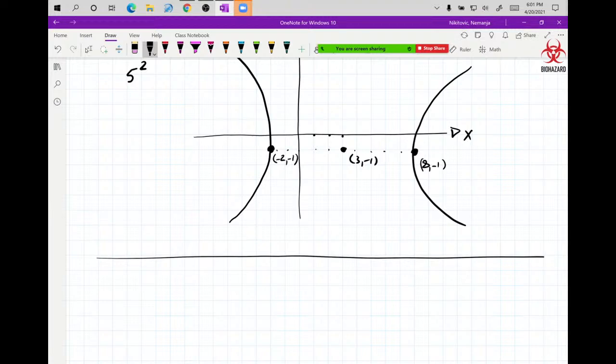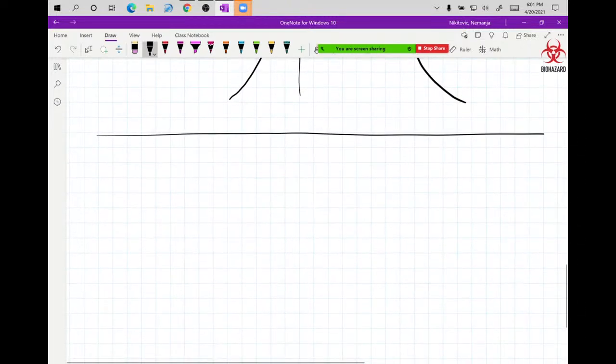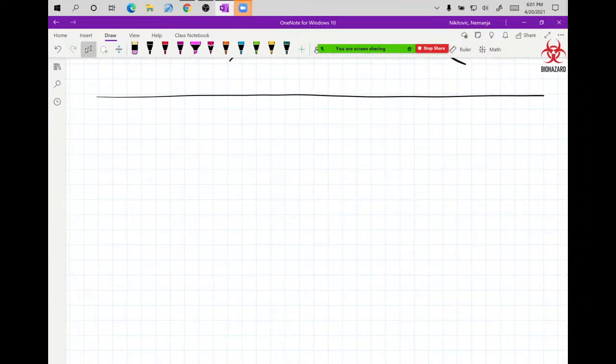Now, there are things that you can do to make your hyperbola graph nicely, and we're going to learn about these lines and the rectangle. The lines are called the asymptotes of the hyperbola, because the hyperbola will follow these asymptotes into infinity.